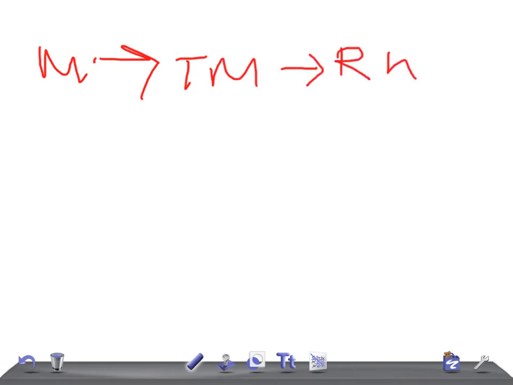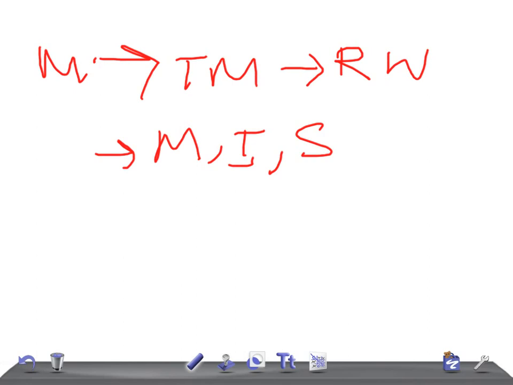Then we have the middle part, which starts from the inside of the tympanic membrane to the round window. Remember, the middle ear consists of three bones, as you know very well: malleus, incus, and stapes.